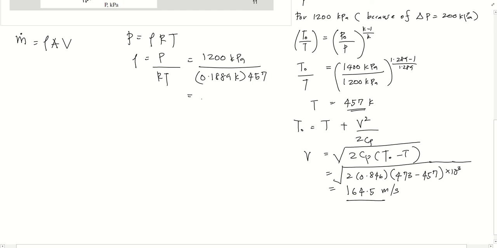So you will get rho equal to 13.9 kilogram per meter cube.